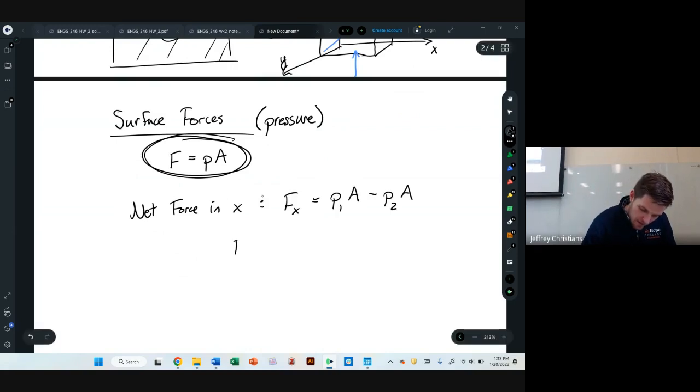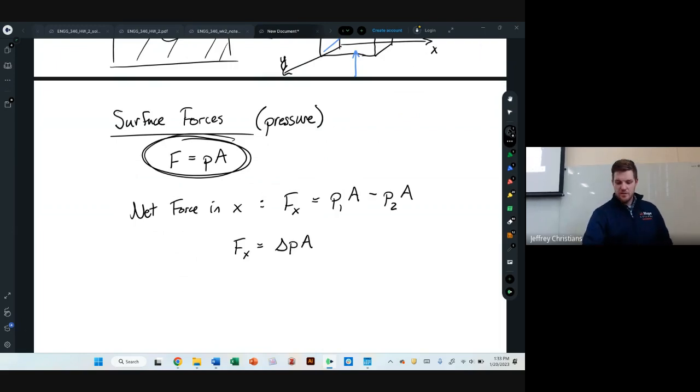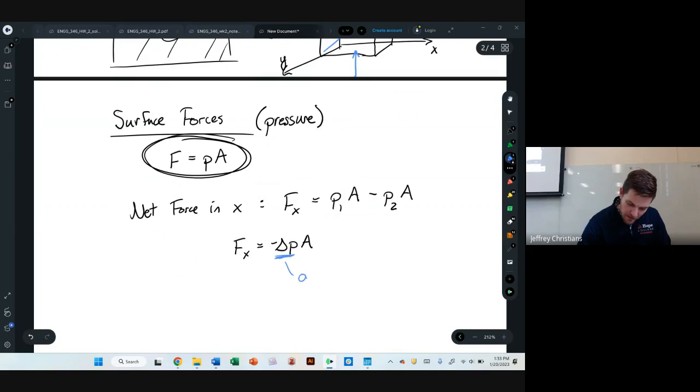So we get that the force in the X direction is the negative delta P times A. Okay, so why do we care about that? This tells us that only the difference matters.